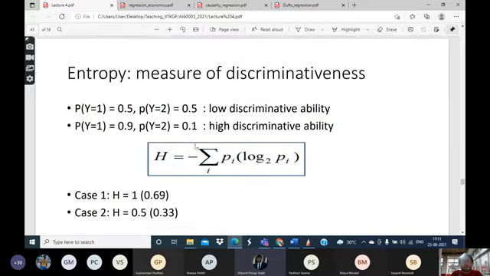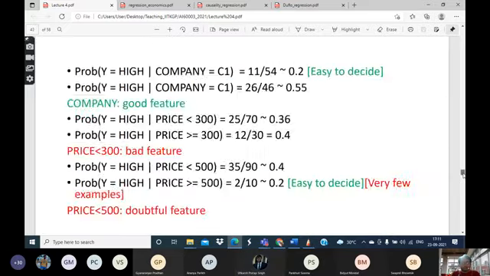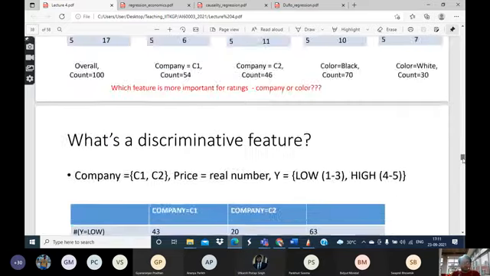Okay, so in that case, let us go back to the lasso regression.